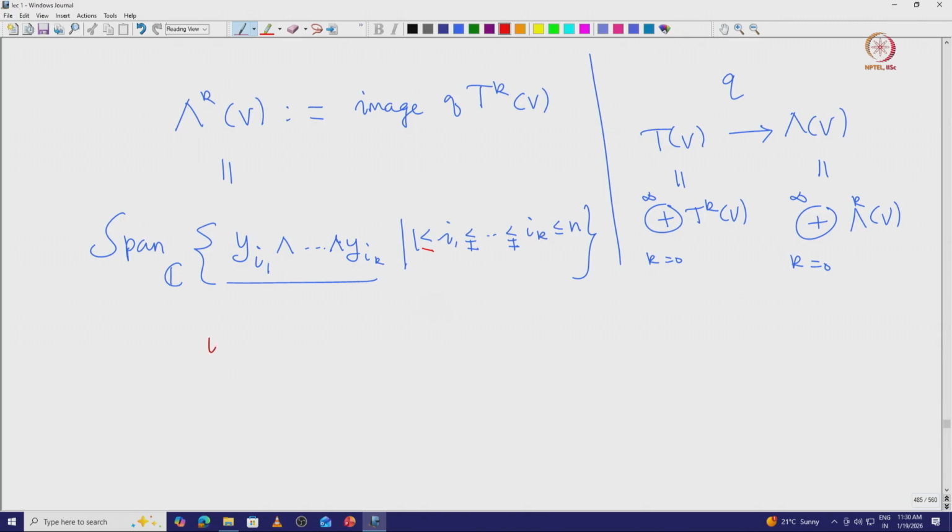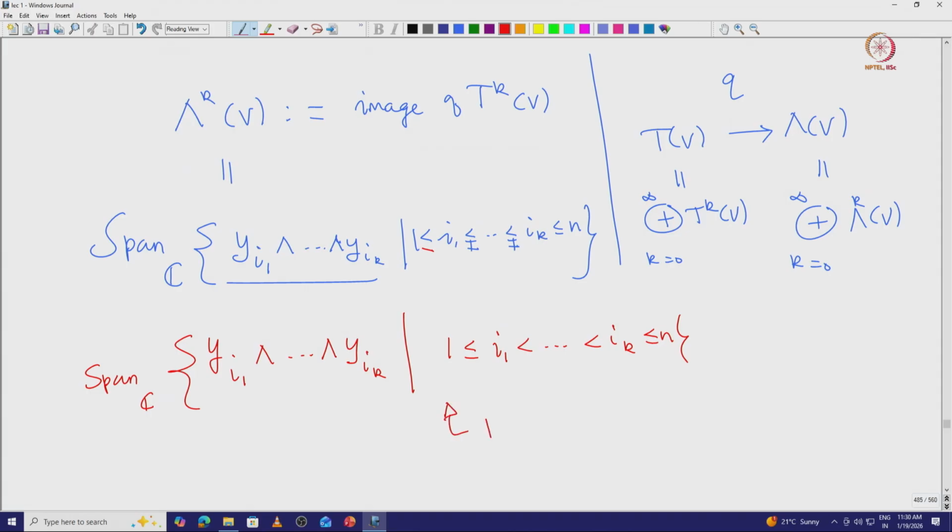So, the indexing set, now you take y_i1 wedge etc. wedge y_ik such that 1 is less than or equal to i1 strictly less than etc. strictly less than ik less than or equal to n, and this set is indeed the minimal spanning set for your lambda k V. So, in particular this is indeed a basis of lambda k V. I will leave it as an exercise to check this.